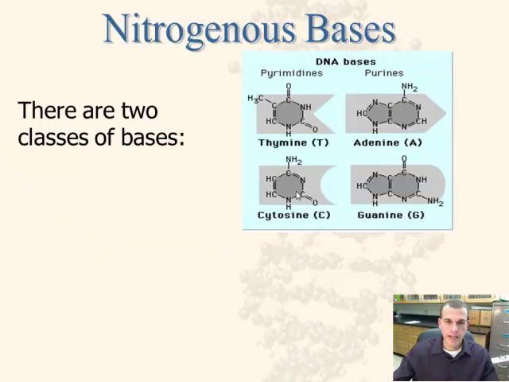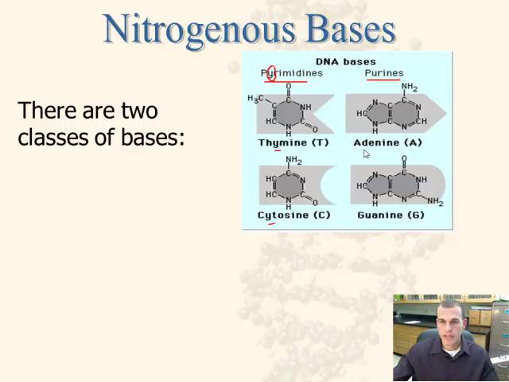Okay, so now we're looking at those 3 different parts of the nucleotide. One of them is the nitrogen base, and your nitrogen bases are broken into 2 different classes, as you can see on the screen here. You have your pyrimidines and your purines. This is the way I remember which ones are which: in pyrimidines, you notice that the word pyrimidines has a Y in it, and so does thymine, and so does cytosine.